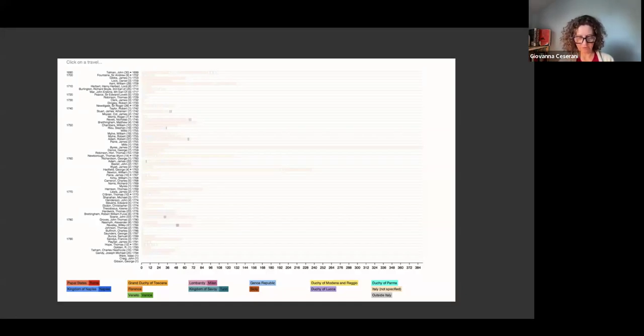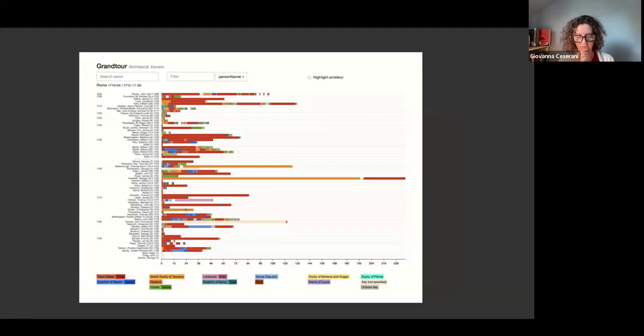I will stop here because I want to get to the conclusions, but there is so much more that one can say by studying these visualizations. This is just about the geographical data of place of visits and temporal data of time of visits, but one can integrate this with information about education, the background of these travelers before the tour, what the funding for this tour was, what about their employment before and after the tour and their achievements once they return to Britain.